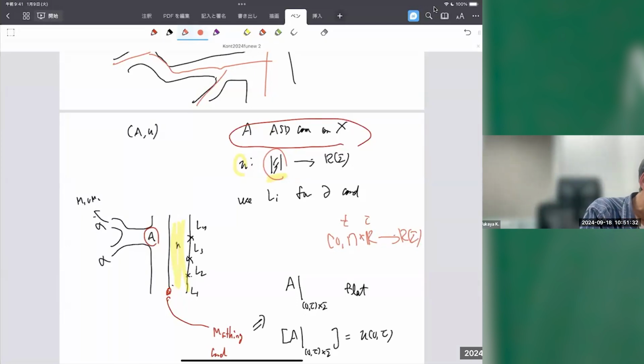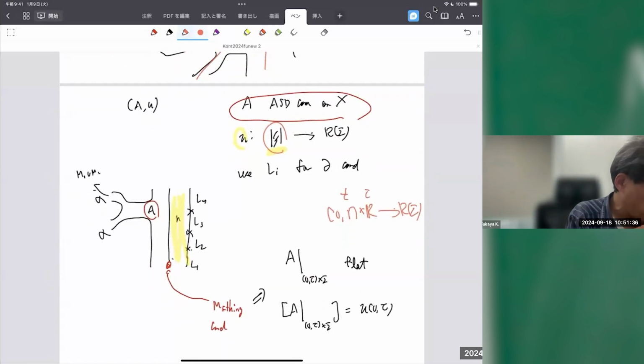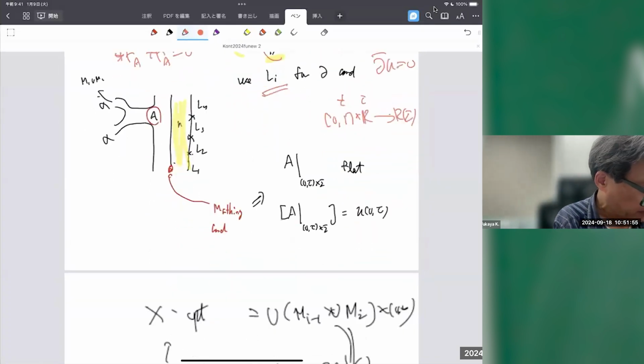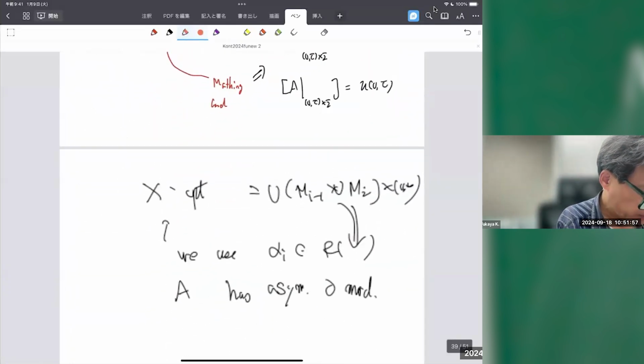And A is assumed to be ASD, so star F_A plus F_A is 0, and U is holomorphic, so D bar U is 0. Then we fix the asymptotic boundary condition for A, and for U we use Lagrangians for the boundary conditions.